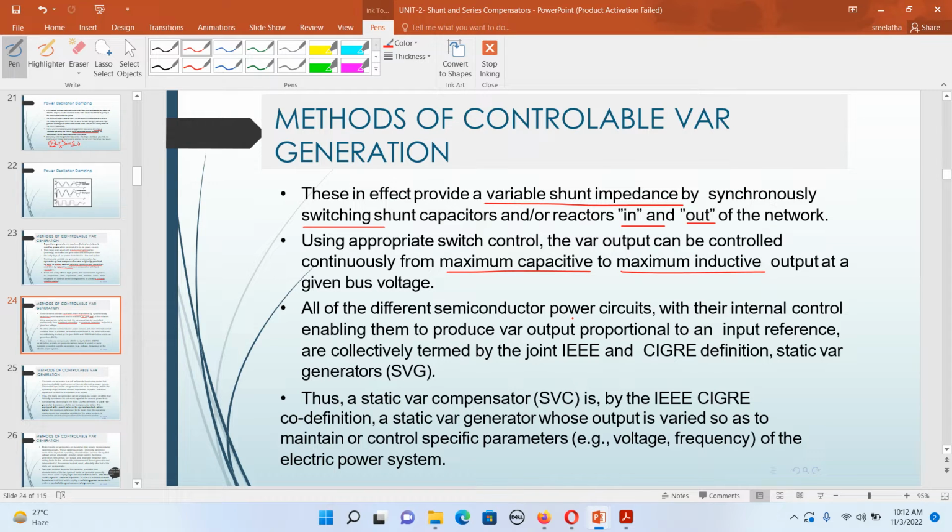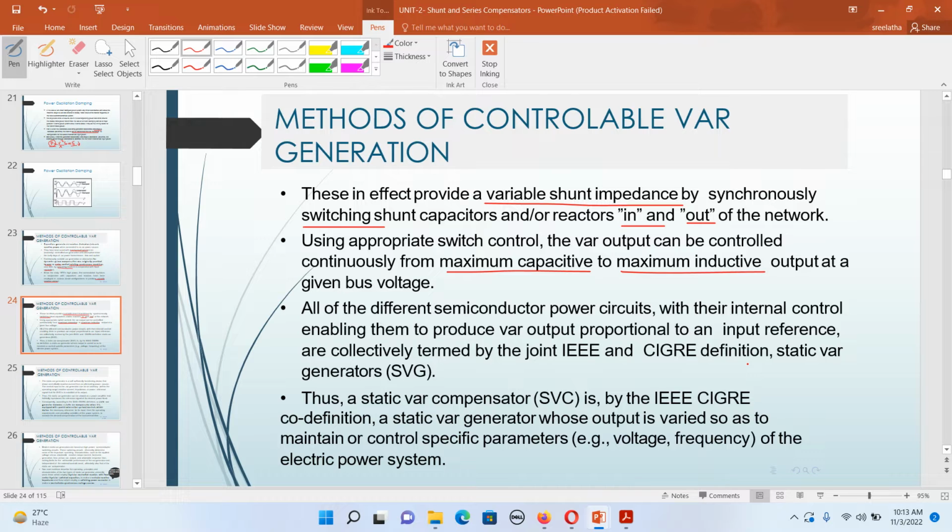All of the different semiconductor power circuits with their internal control enable them to provide var output proportional to the input reference. So if you want to control something, you should have a reference, like how much extra is going there. Let's say, for example, the line voltage has risen.